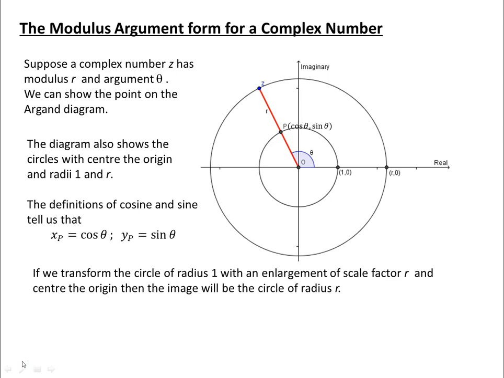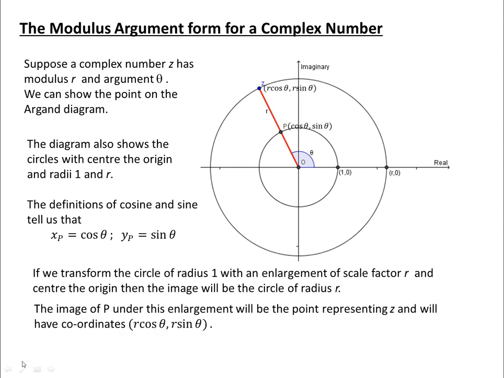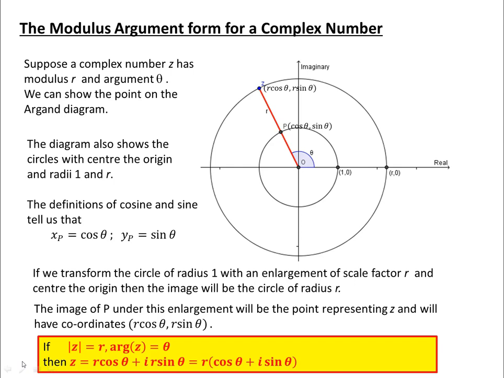If we carry out an enlargement of scale factor r, then the point P will move onto the point z, and the point z will therefore have coordinates r cos theta, r sine theta, which means that the complex number form for z must be z equals r cos theta plus i times r sine theta, or equivalently z equals r times cos theta plus i sine theta.